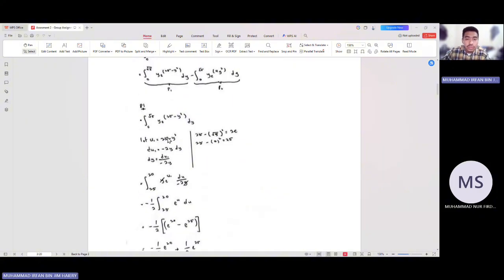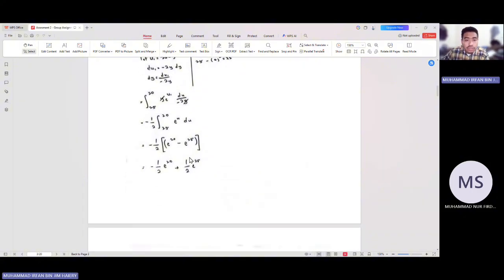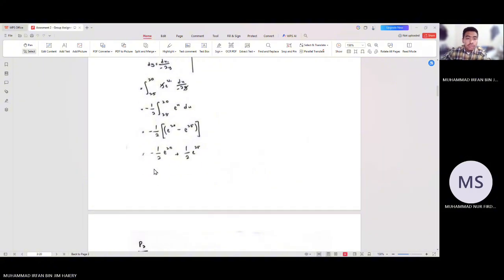When we use the substitution method, we should change the limit. This is the way to change the limit. Then we go to calculation, and we got this answer for part 1.